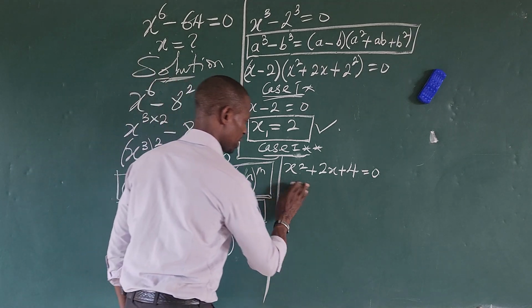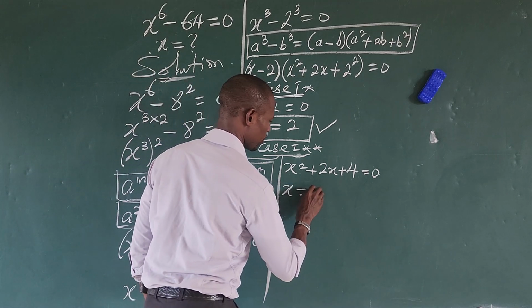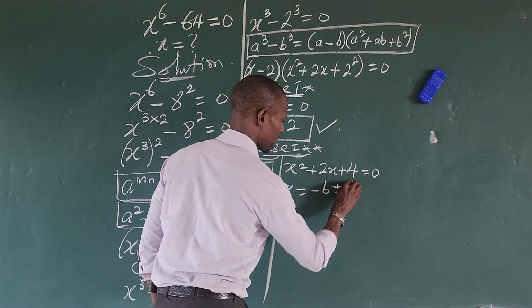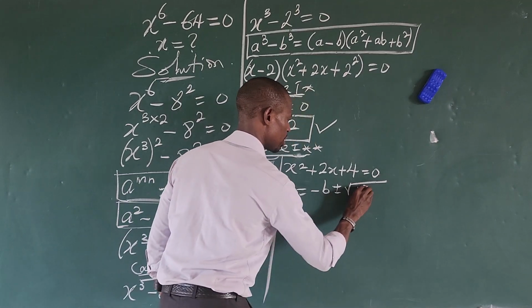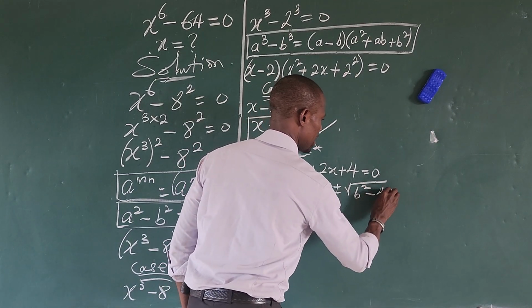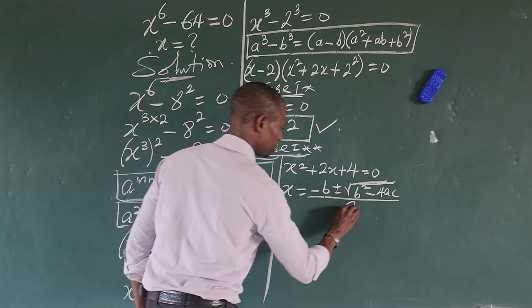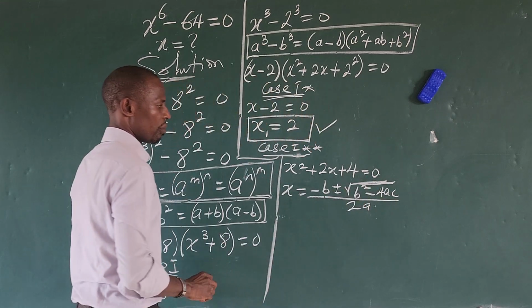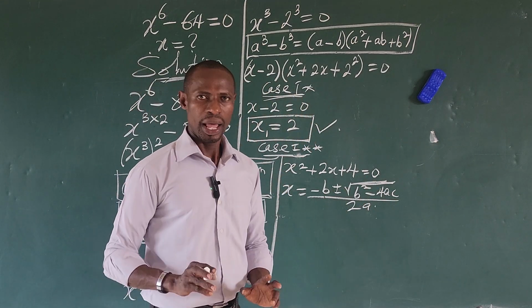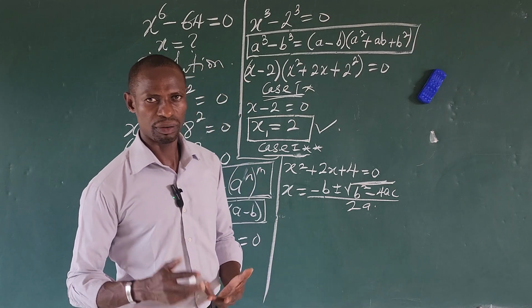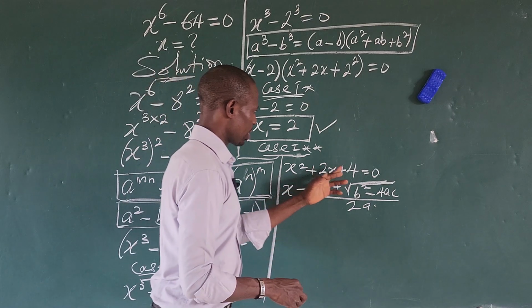So using the formula method, we're going to have x is equal to minus b plus or minus the square root of b squared, then minus 4ac, all over 2a. What is our a? The coefficient of x squared, and our b is the coefficient of x, which is 2, and our constant term is 4.